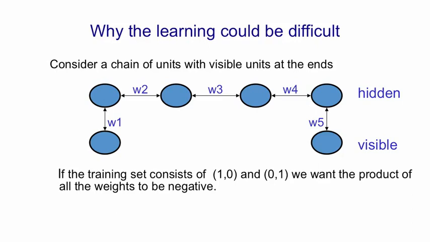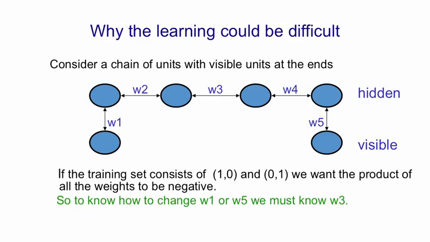What this means is that if we're thinking about learning weight W1, we need to know other weights. To know how to change W1, we need to have information about W3. Because if W3 is negative, what we want to do with W1 is the opposite of what we want to do with W1 if W3 is positive.